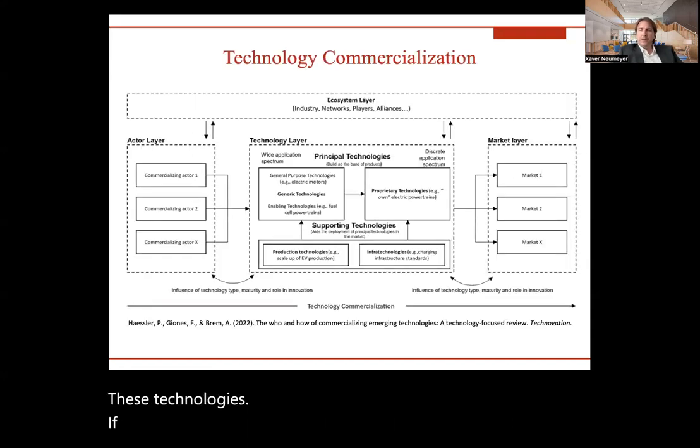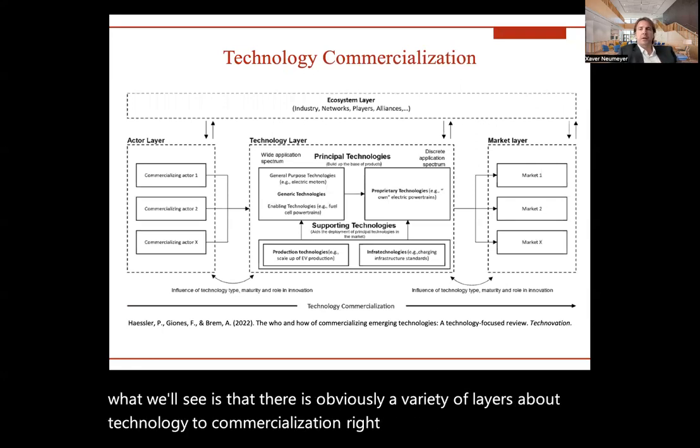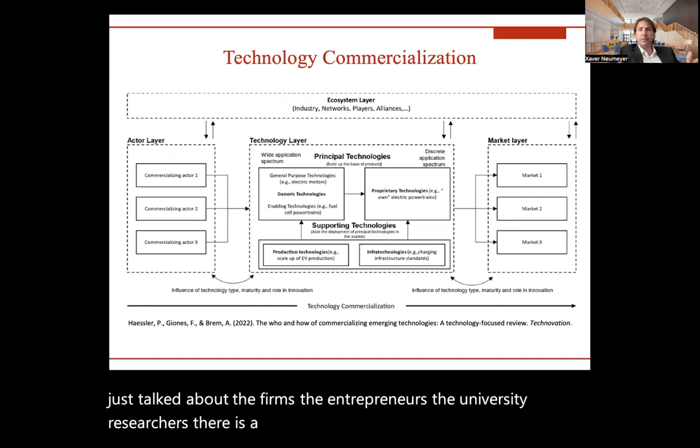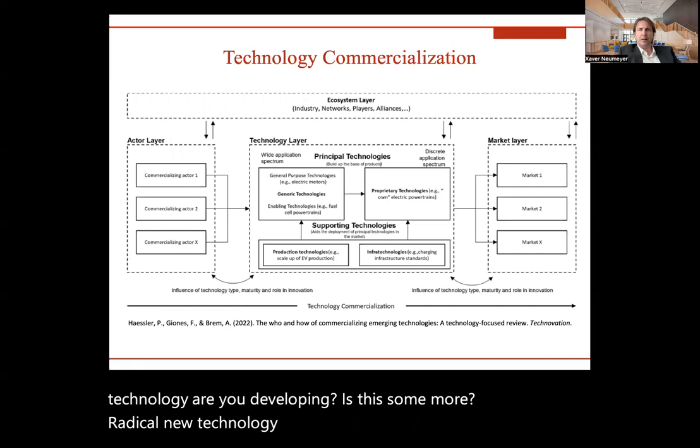If we look at it from a bird's-eye perspective, there is obviously a variety of layers from technology to commercialization. There is the actor layer: the firms, the entrepreneurs, the university researchers. There is a technology layer: what kind of technology are you developing? Is this a more radical new technology, or something more incremental?